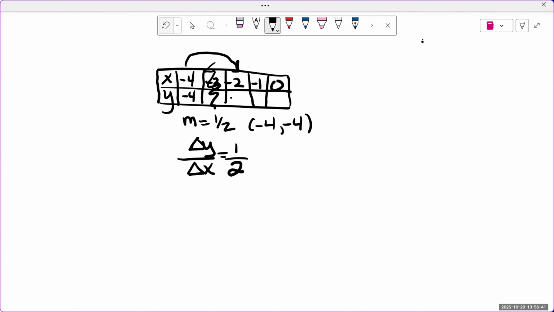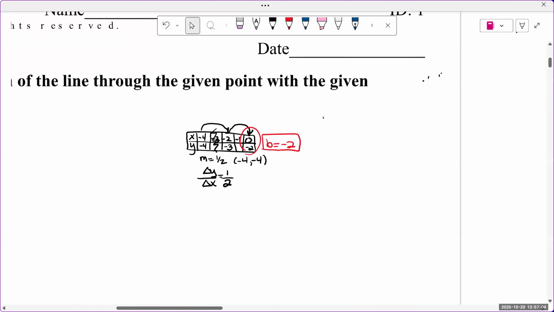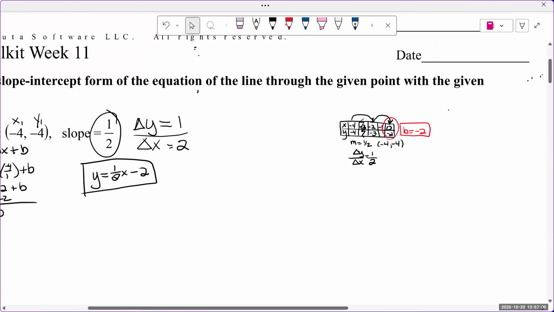So -4 up 1 is -3. According to our table, the y-intercept is the coordinate where x equals 0. According to our table, the y-intercept is -2, which is what I got when I plugged into the equation.